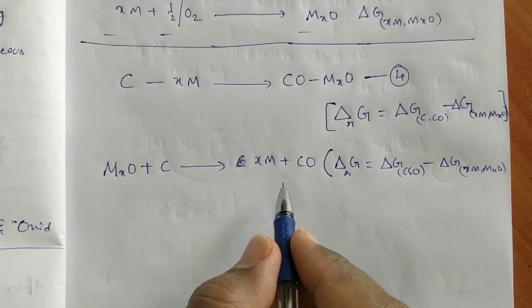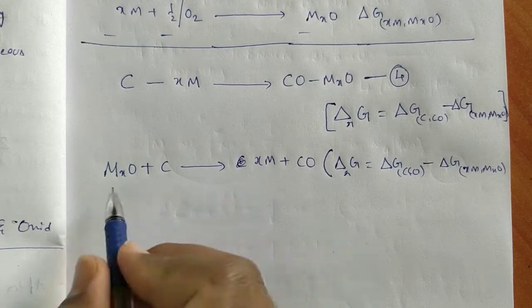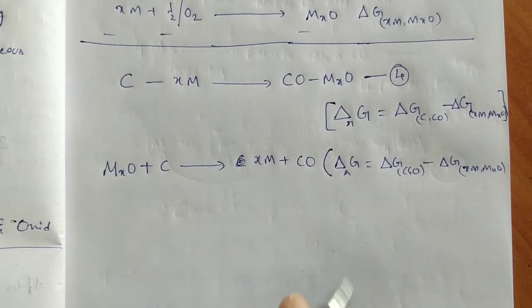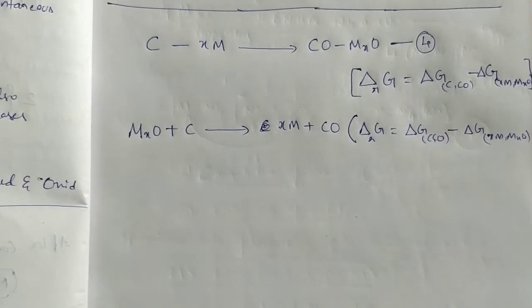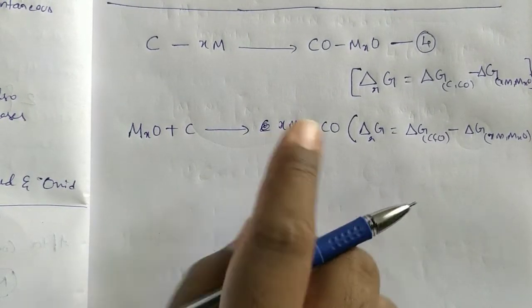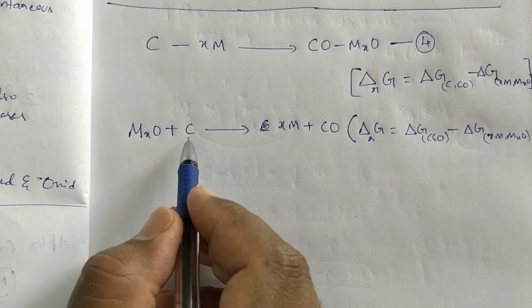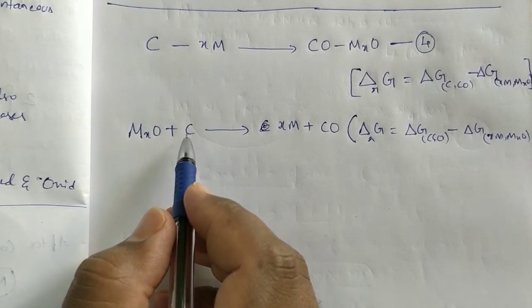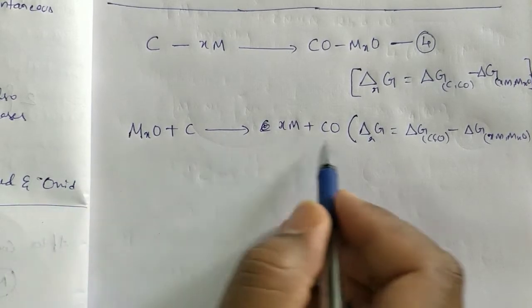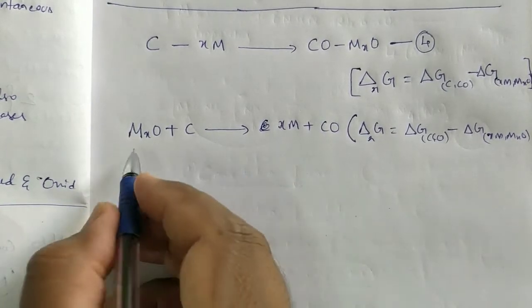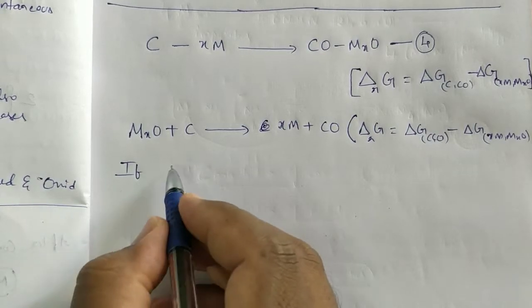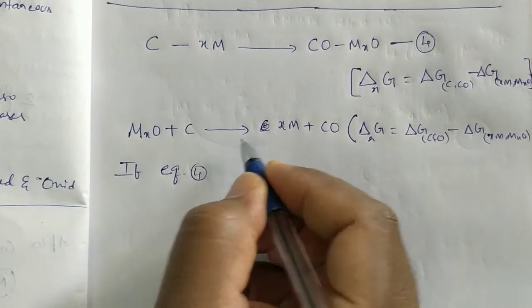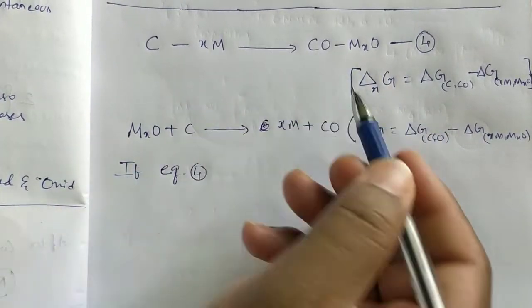Please observe carefully. This is only our equation, conversion of metallic oxide to metal in the presence of the reducing agent carbon. Is it right? Now whether we have to select carbon or not, that we want to check. If this reaction is spontaneous, this is equation 4 only, just by adjusting MXO to the left side and XM.